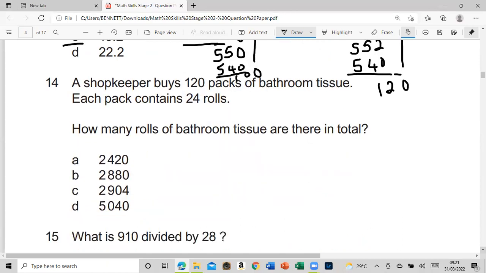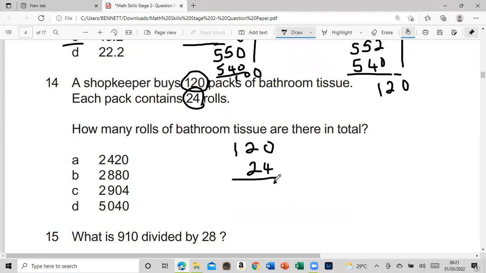Alright. A shopkeeper buys 120 packs of bathroom tissue. Each pack contains 24 rolls. How many rolls of bathroom tissue are there in total? So you buy 120 packs, but one pack has 24. So you have to multiply, right? As each pack contains 24. So let's multiply that by 24 now.